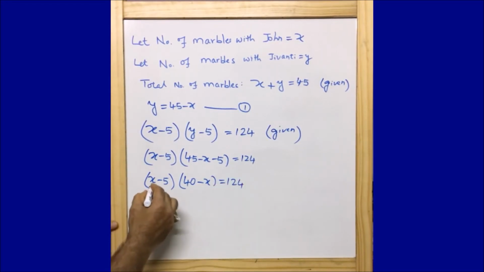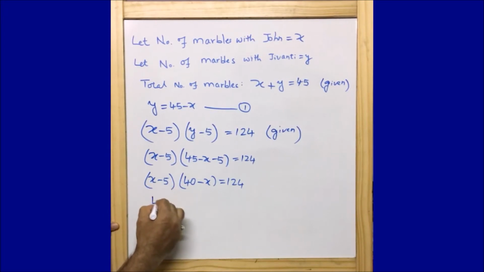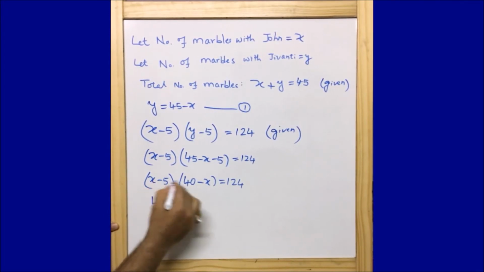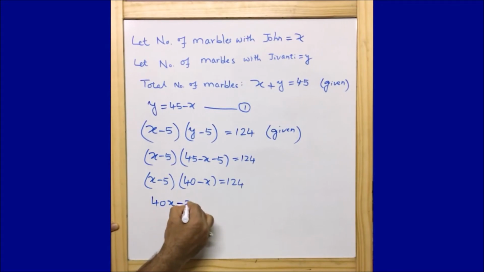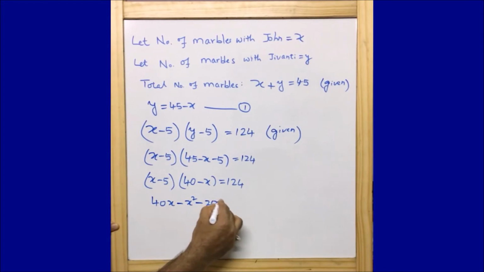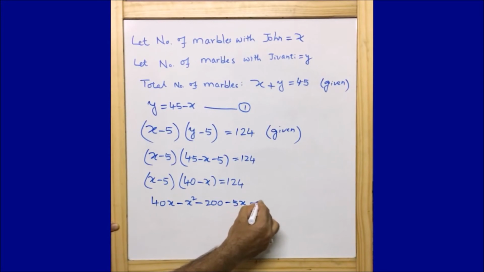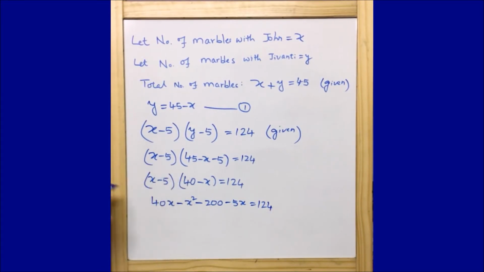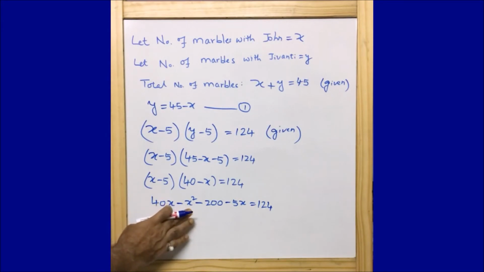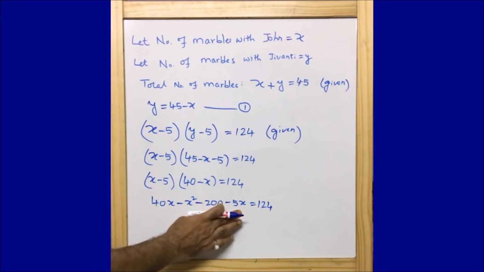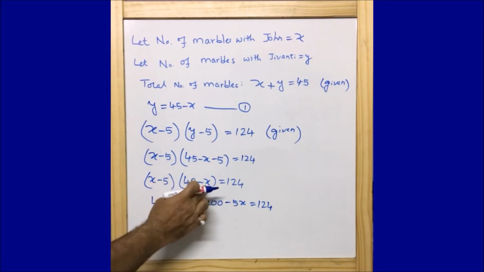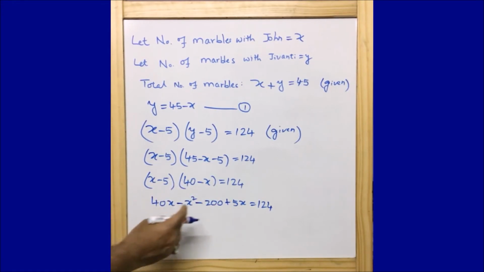Multiplying these two, X into 40 is 40X, X into minus X is minus X square, minus 5 into 40 is minus 200, and minus 5 into minus X is plus 5X. So 40X minus X square minus 200 plus 5X is equal to 124.